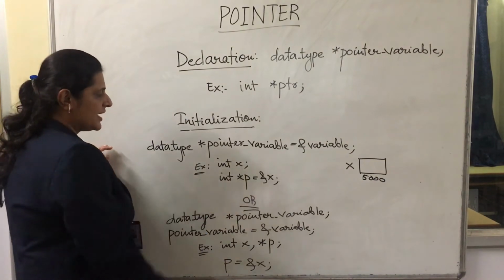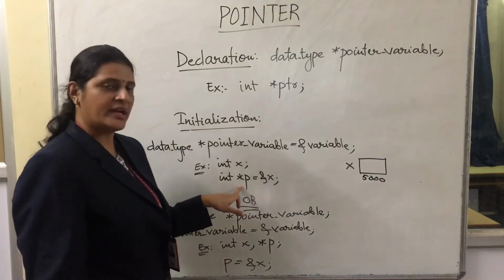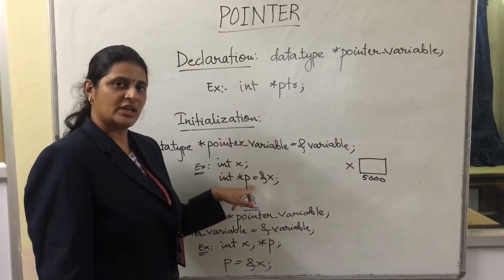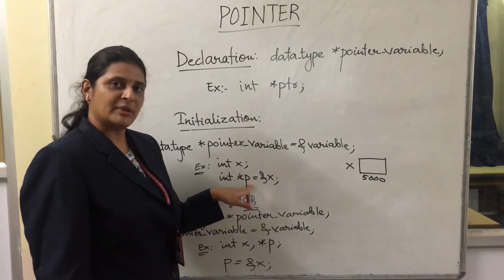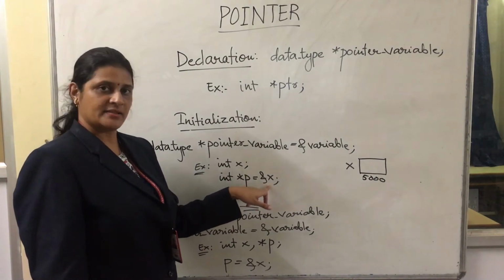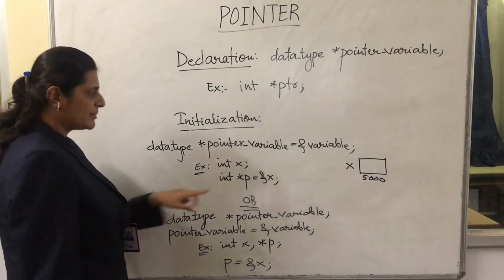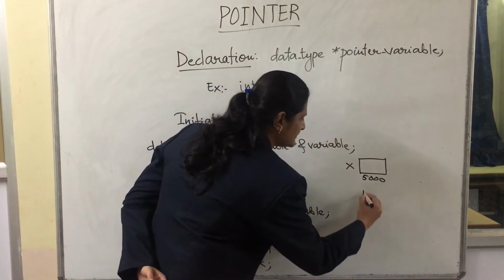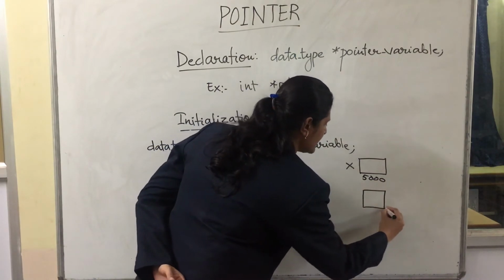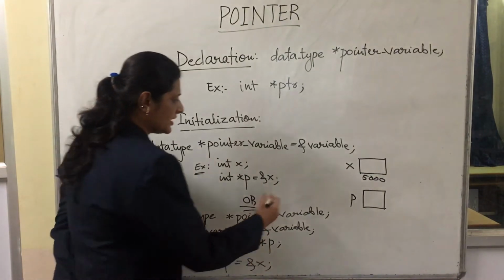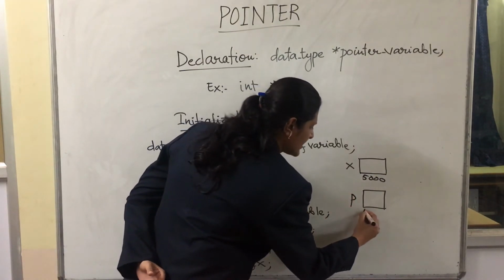And in the next line we are initializing the pointer variable. You have declared int star p. Here star p is a pointer variable which is holding the address of x. The memory is also allocated for this pointer. So some memory is allocated for the pointer p, and it also has some address.